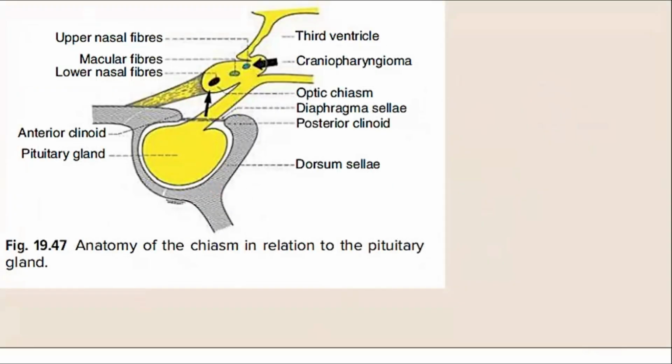I want you to remember this. The optic chiasm is somehow oblique anatomically, the direction is like this, moving up. Remember this, please, in order to avoid confusion in the future, okay? So this is anterior and this is posterior.